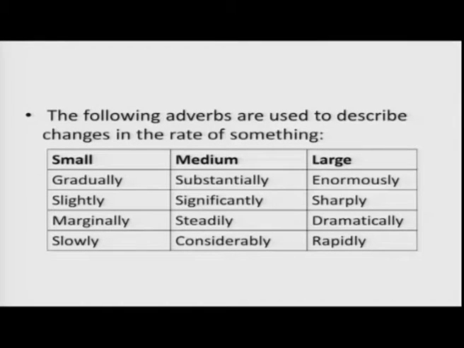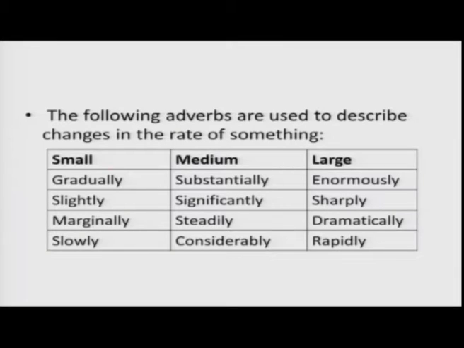Now, let us look at this table. This gives some adverbs which you can use to describe changes in the rate of something. If it is small, you can say gradually, slightly, marginally, slowly.